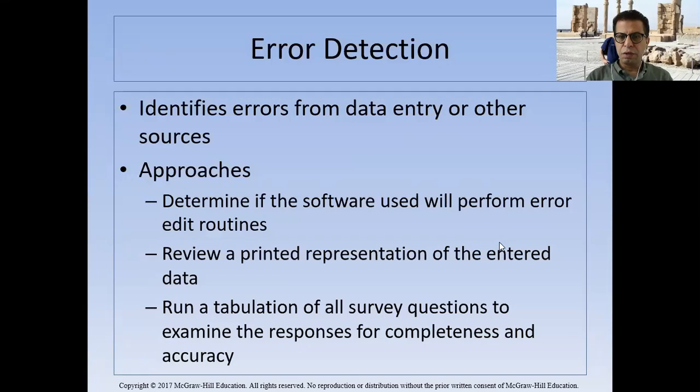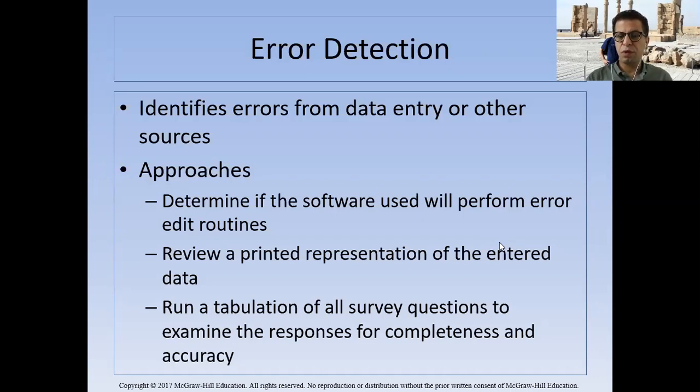So when you identify an error from data entry or another source, what you need to do is determine if the software used will perform the error edit routines. So if it's numerical and you put something else, or you go above the numbers, it will show that it's not acceptable.